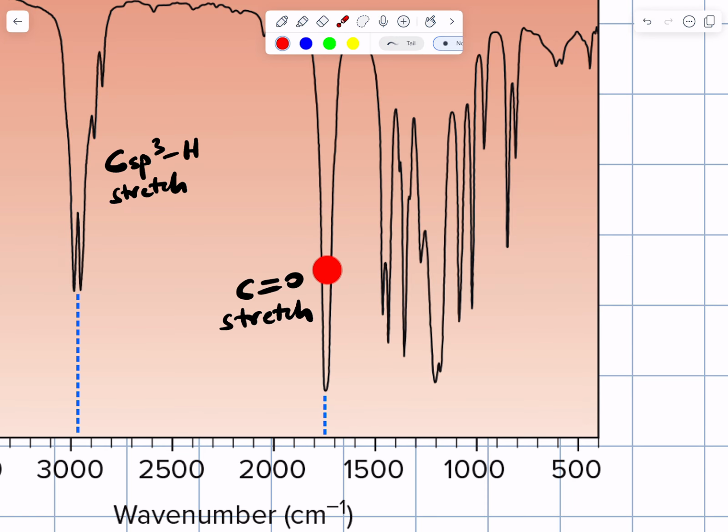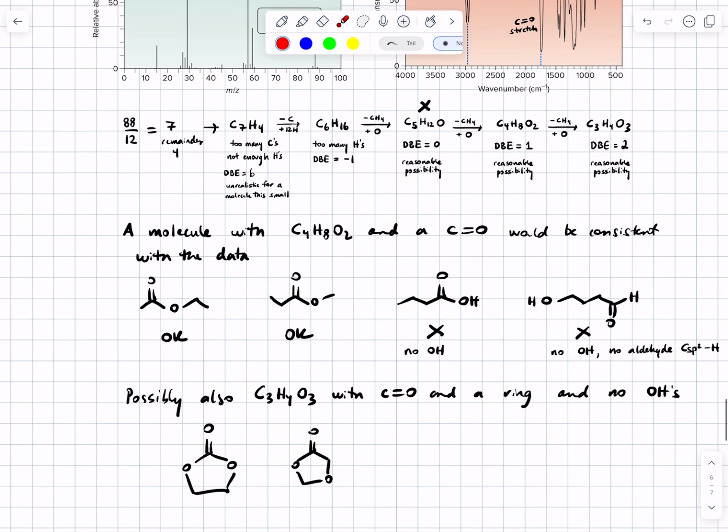I know it's not a ring, it has to be a carbonyl. Now, what about C3H4O3? Well, it would need to have a carbonyl group and a ring and no OHs, and these are the only things I could think of. So out of many possibilities, we're narrowing in. So far, we don't have enough to discern which of these it is, but we are at least eliminating possibilities.